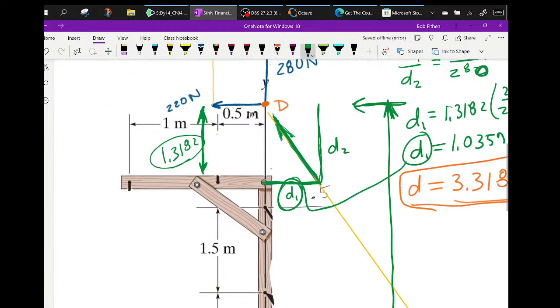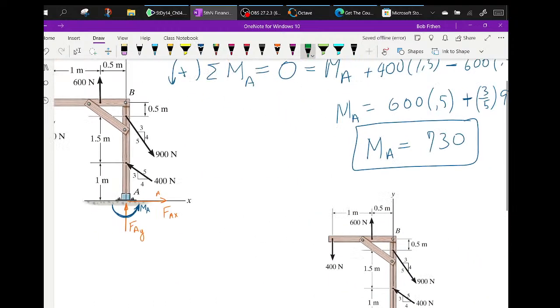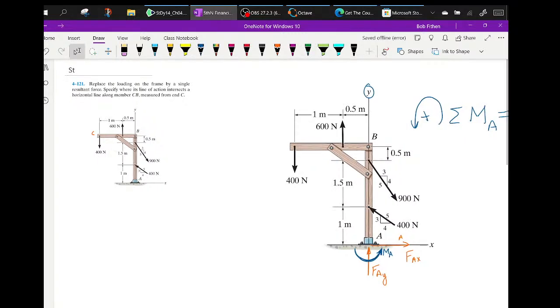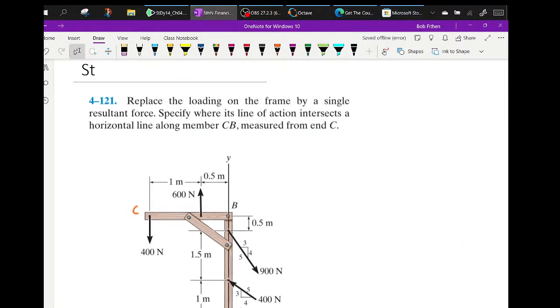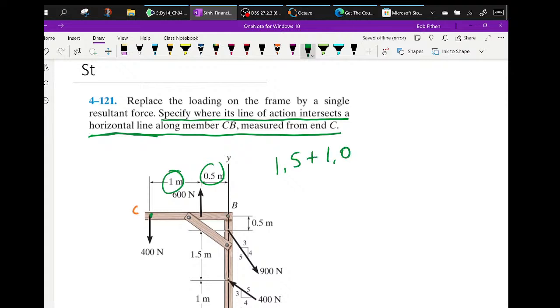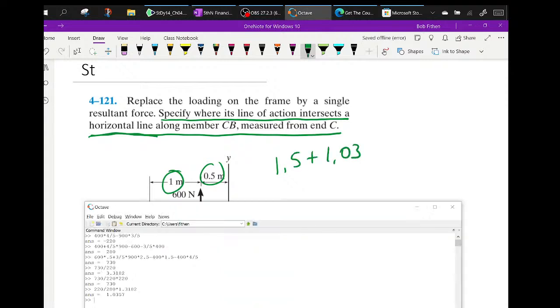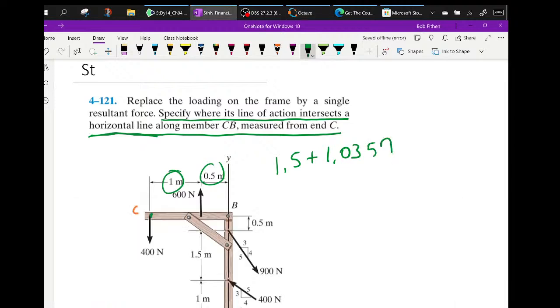Now, I can't remember how he wanted this answer to be determined. Horizontal line, okay. Specify where its line of action intersects a horizontal line measured from the end of C. So I would say 1.5 plus 1.0357 becomes 2.5357.